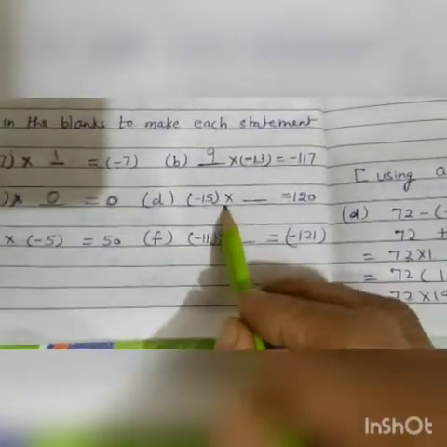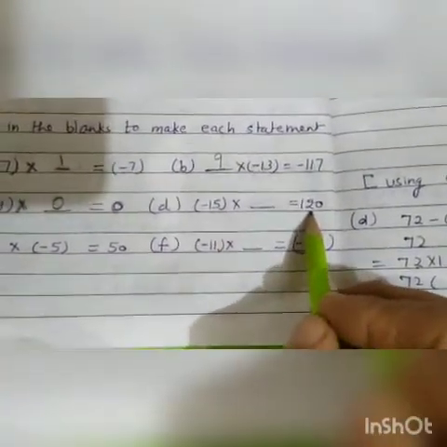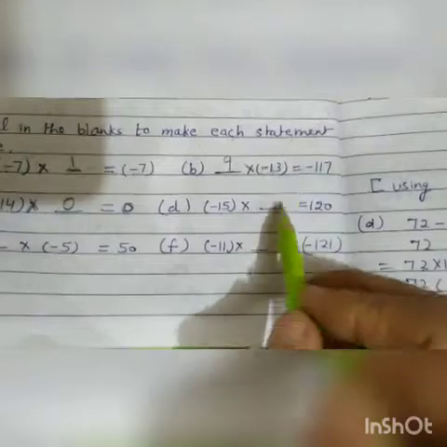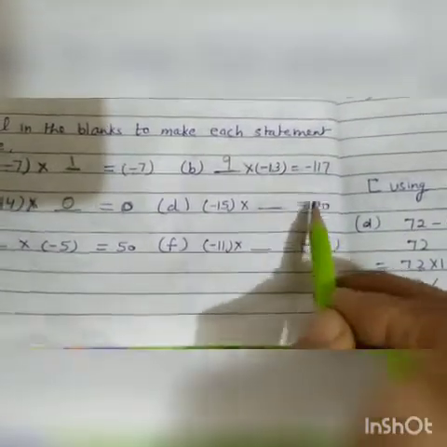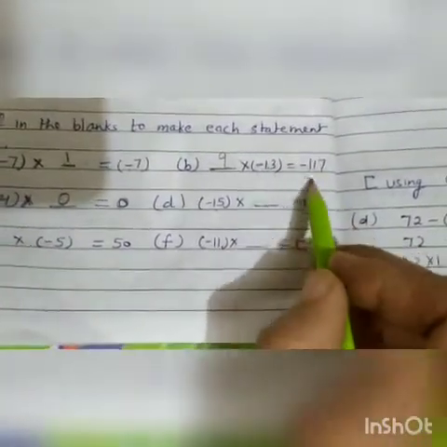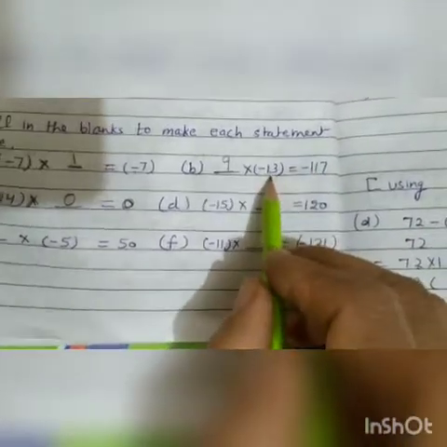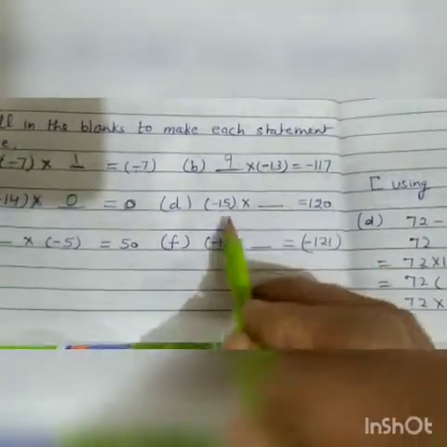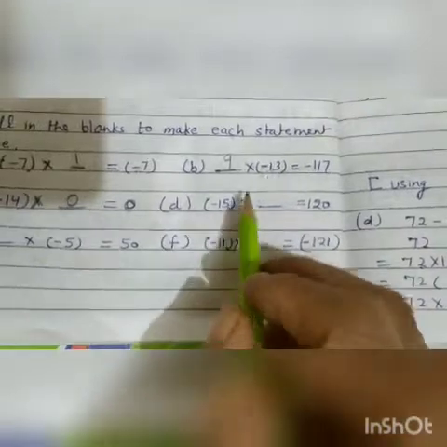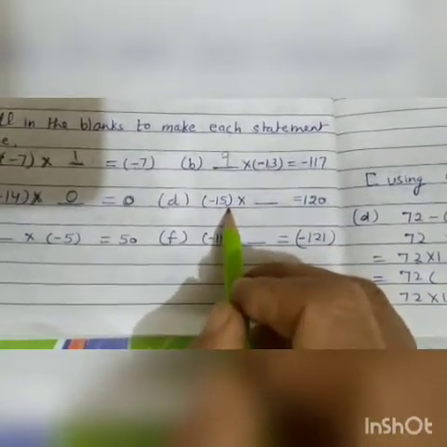Now minus 15 times blank equals 120. This part and the earlier part are both the same. Here the product is given, and here also the product is given. Here one of the multipliers is given, here the multiplicand is given. Again we follow the same method.